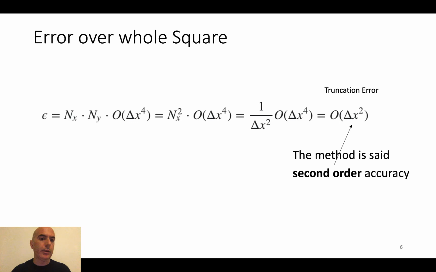So by dividing delta x to the power of 4 by delta x to the power of 2, we get a total truncation error that is delta x squared. So the truncation error has order 2, and the method is said to be second order accurate.